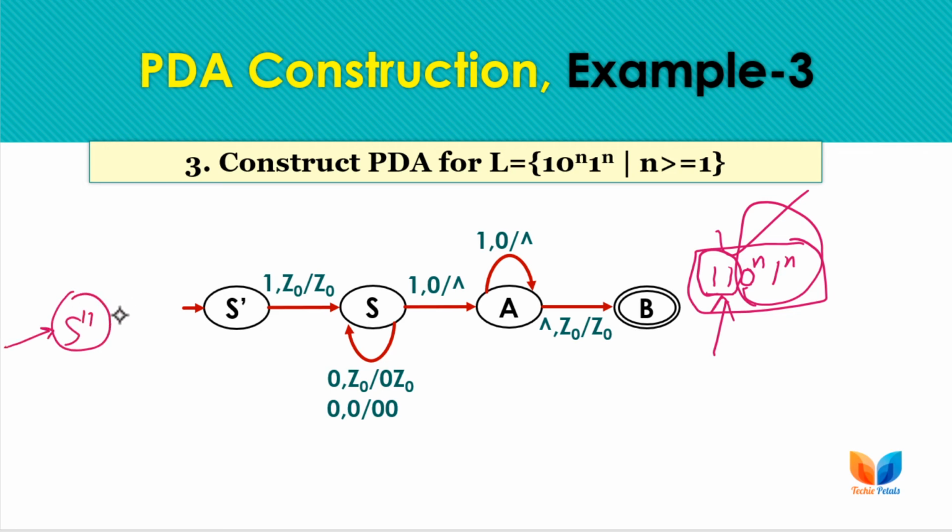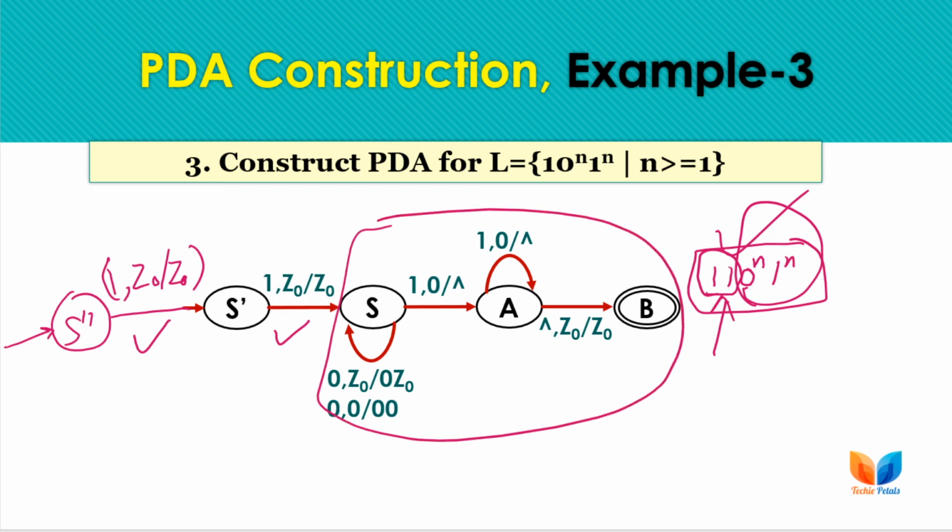We make a new transition on 1 with Z0 on top and replace it with Z0, because we need not push these two ones onto the stack. We just need to receive these two ones, but we do not need to keep track of them. So we receive the first one and the second one, then we can start with 0 raised to power n 1 raised to power n.